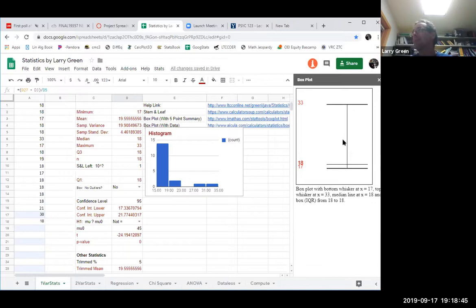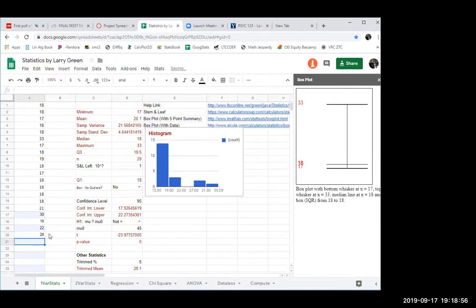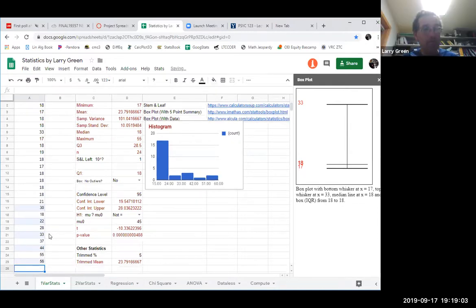Okay. So again, this isn't the best box plot because there's a bunch of numbers. Let me just throw some more numbers in just for fun, just to make it a little more interesting. Just pretend we had a bunch more numbers.